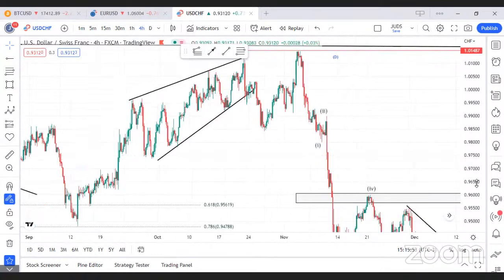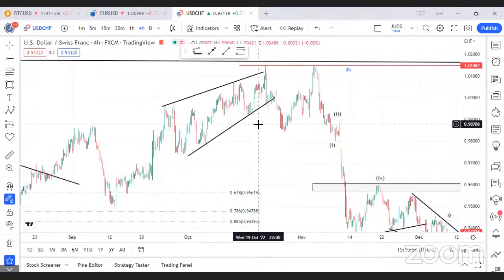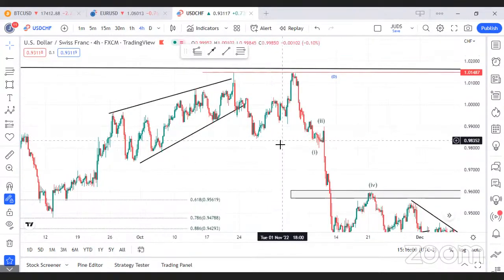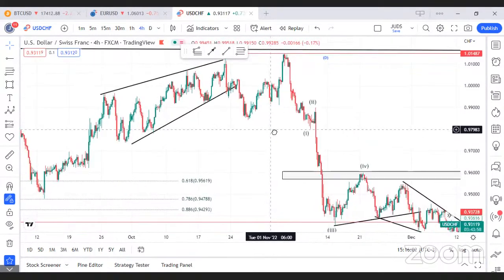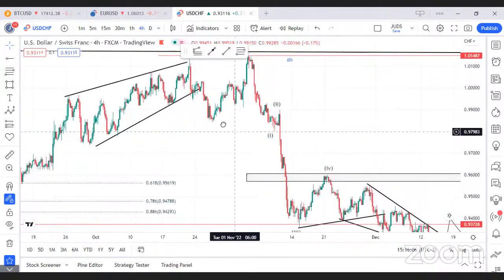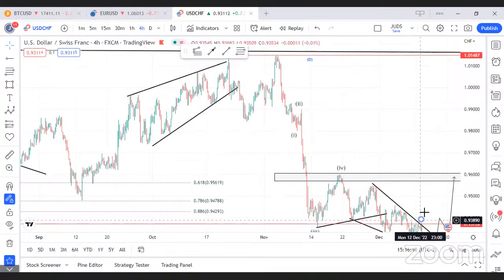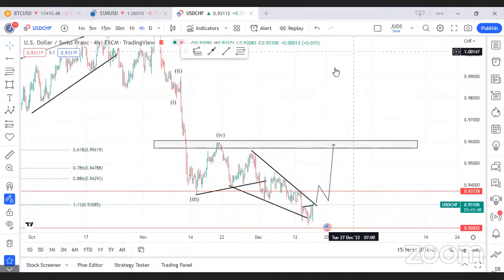So once you see the structures, you stick with the rules. Stick with the rules. So if this was an ABC, then most likely we are going to have a reversal.